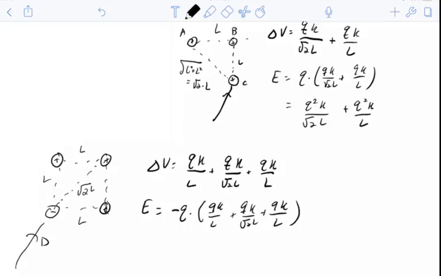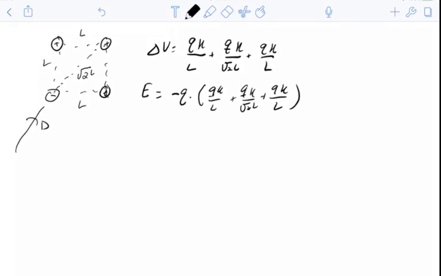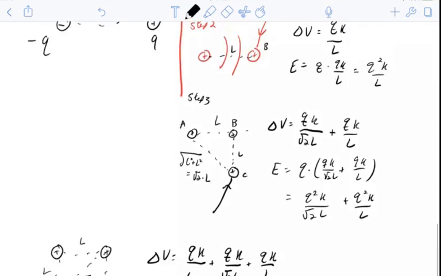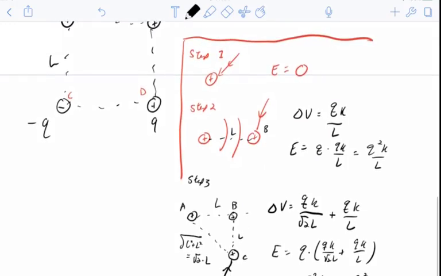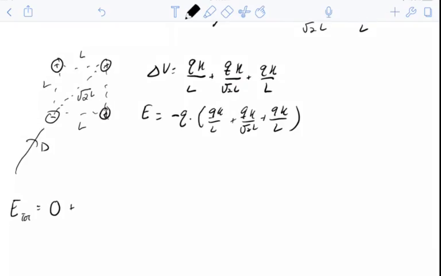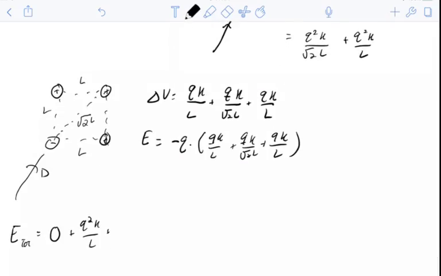And now we can add up for the total energy. The first one took no energy, and the second one took Q squared K over L. And the third one took Q squared K over square root 2L.